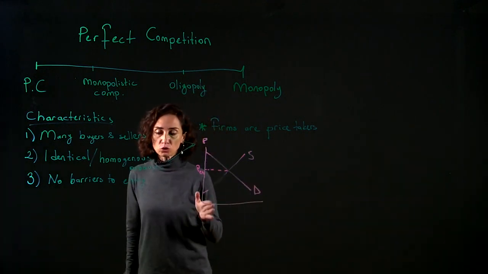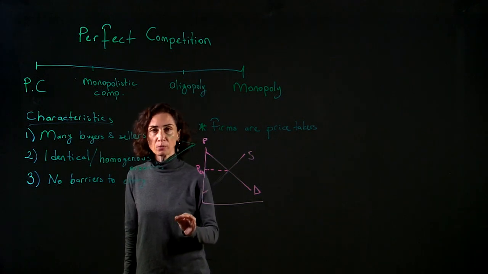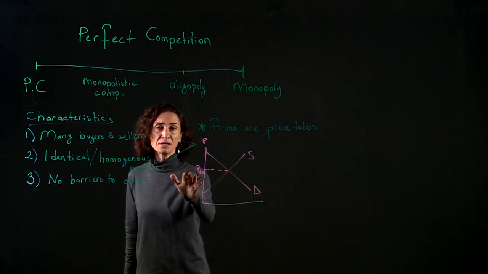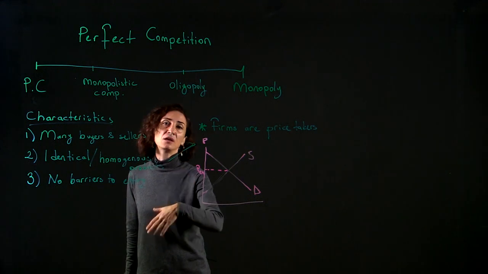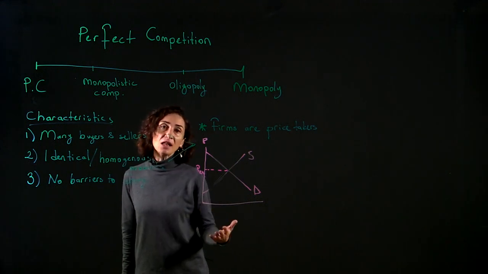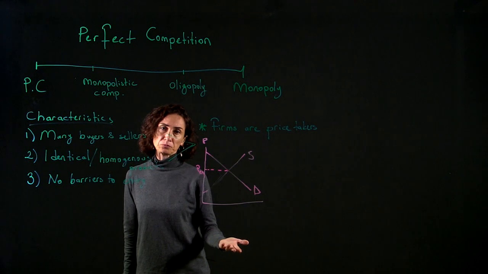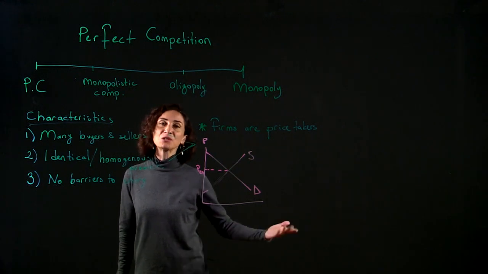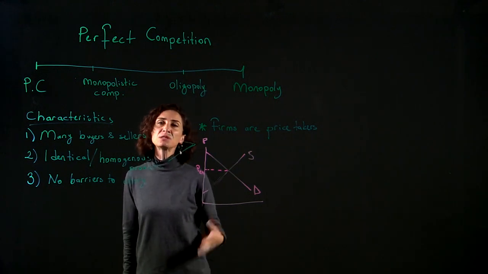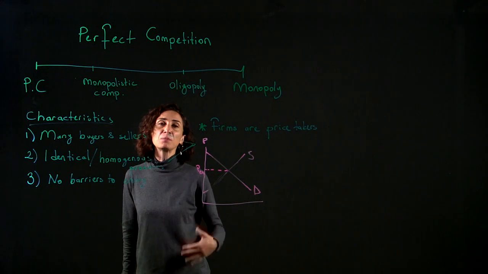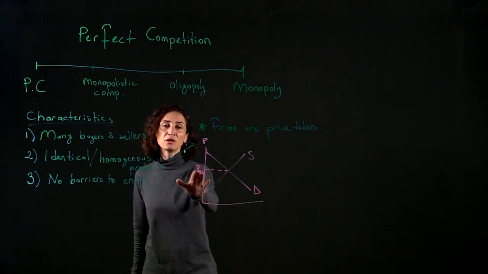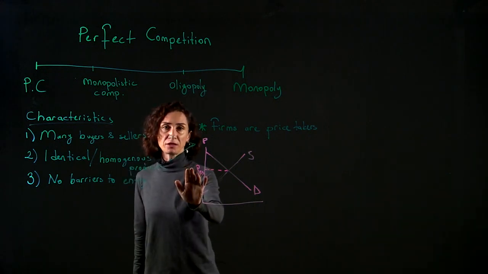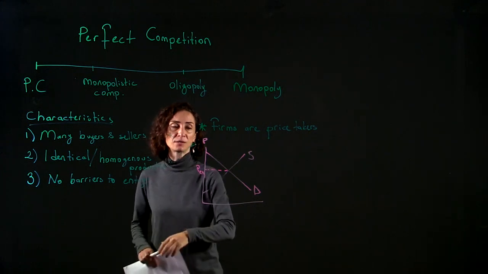So if you choose to sell your tomatoes at the market price, 6, you can sell as much as you want. So reducing the price to 4 and selling as much as you want will not bring you extra profit. It doesn't make sense. So what I'm trying to say, you should stick with this price, no matter what.